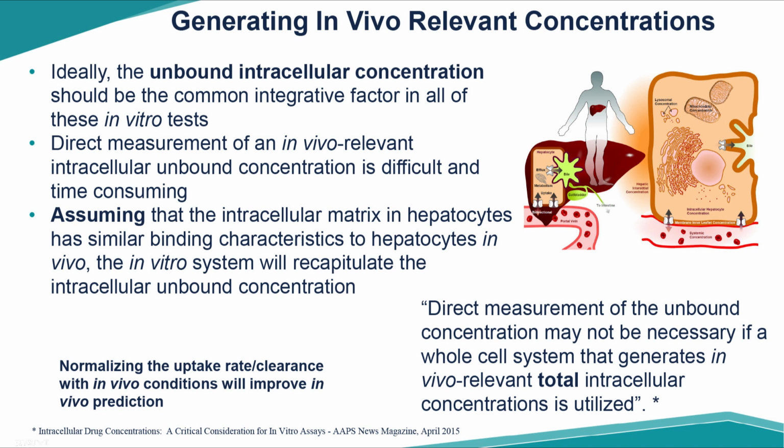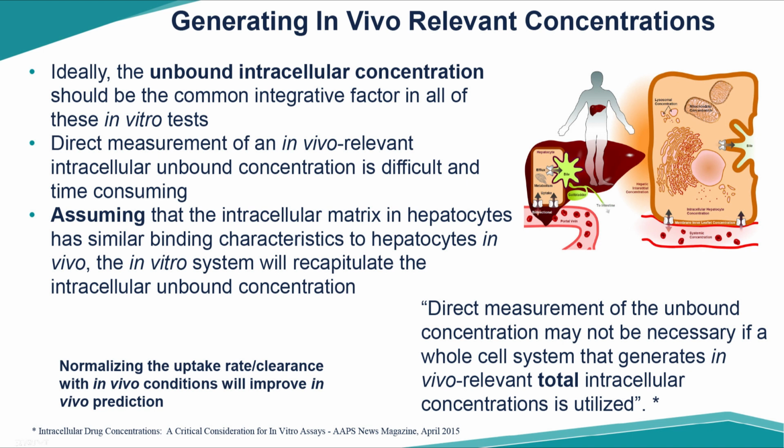And so it may not be necessary to directly measure the unbound intracellular concentration if you can get the conditions right so that you generate an in vivo relevant total intracellular concentration, because it's going to bind inside the hepatocyte, and that's kind of going to take care of itself for that.